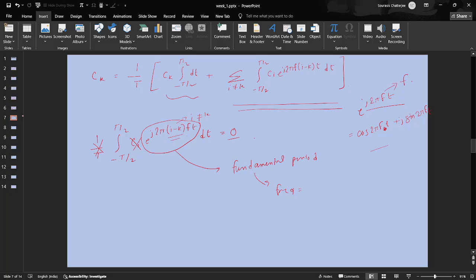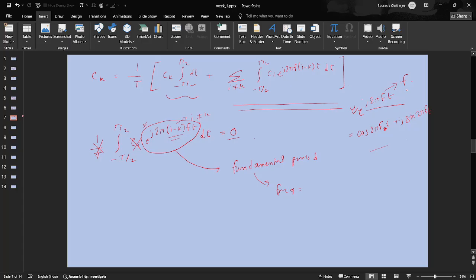So what is the fundamental frequency of this term? If I compare this expression with this, you see the 2 pi is common, t is common, so let's forget about them.